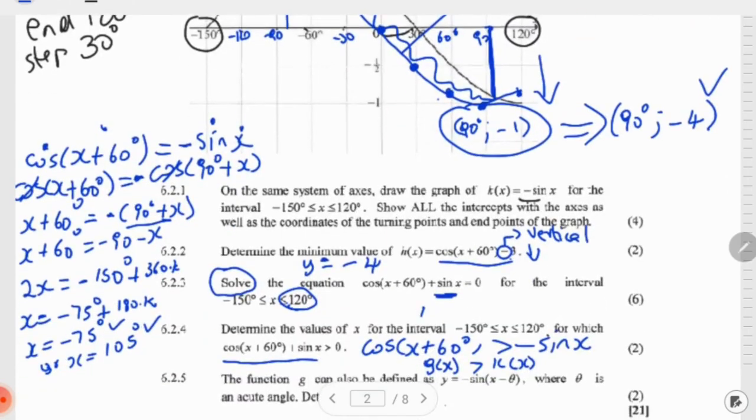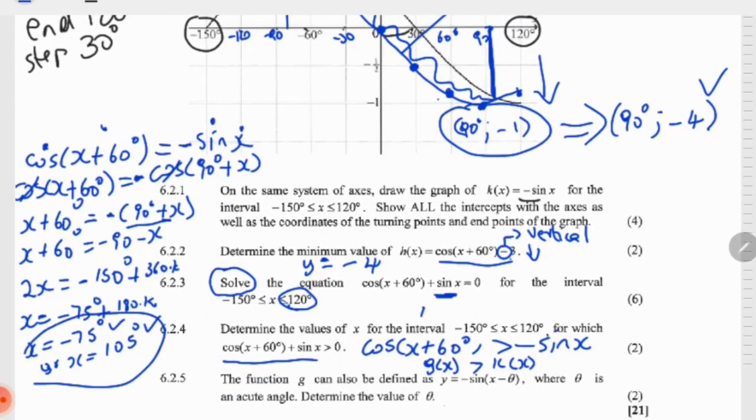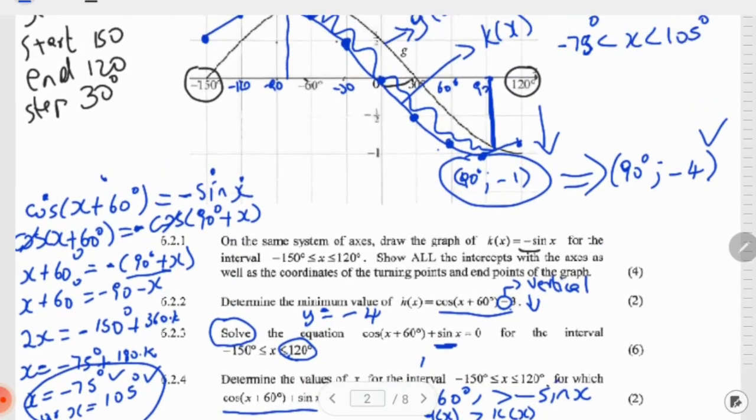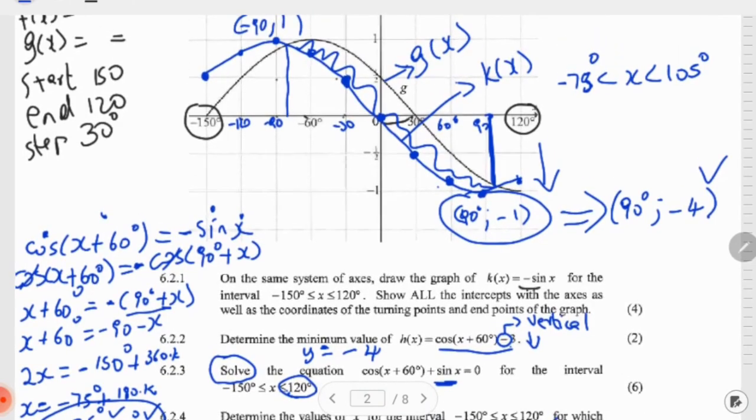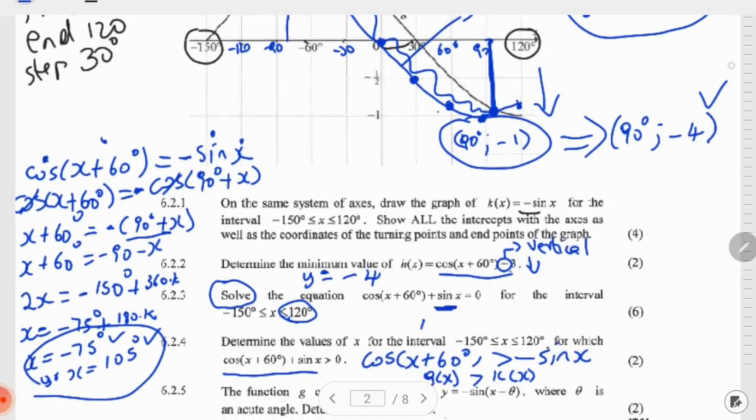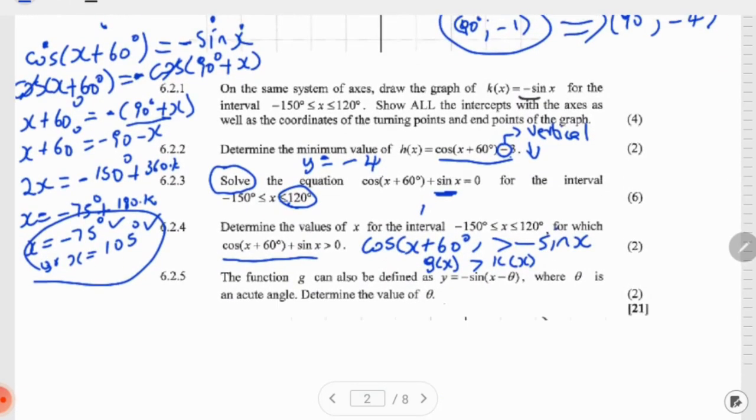That gives away also the answer that we found here, where they meet, the intercepts. Remember, we did find that it was minus 75 and 105, so there was no need to guess after all. So that would be the interval. Between those, g at x is on top of k at x. That means that's where g at x is greater than k at x.